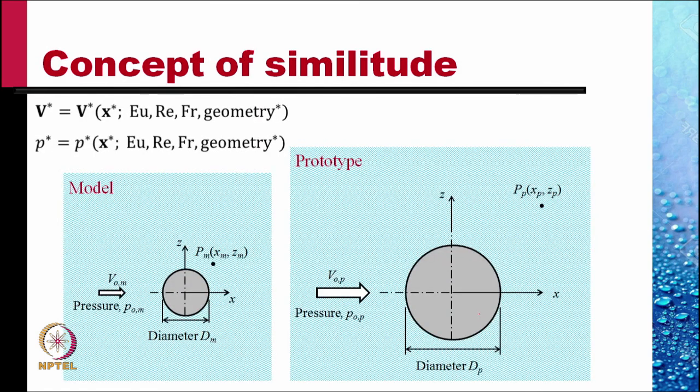So this is what we have now. We can obtain the result from one experiment, V star, and if Euler number, Reynolds number and Froude number match, then the results for the prototype would have the same non-dimensional values of V star and P star.